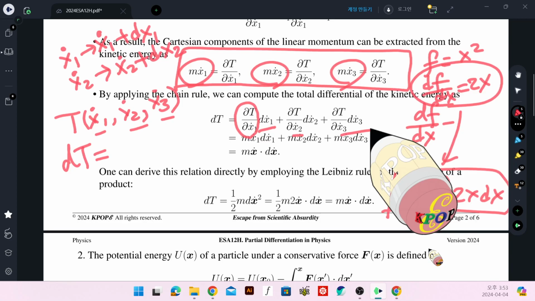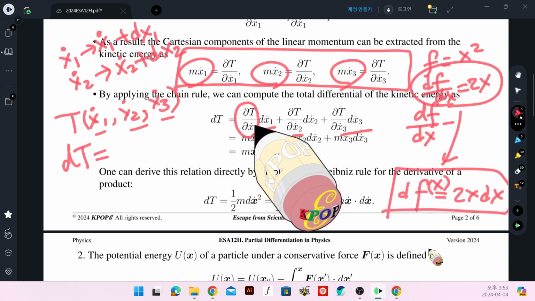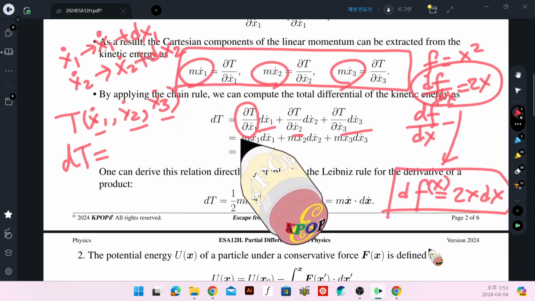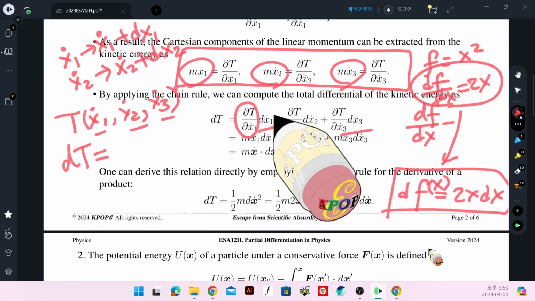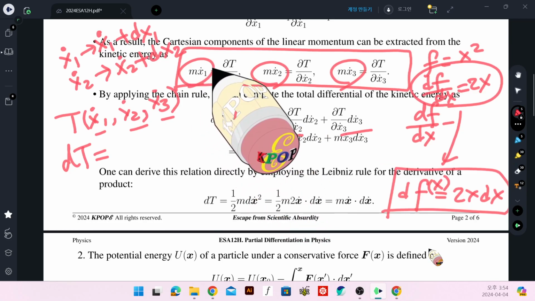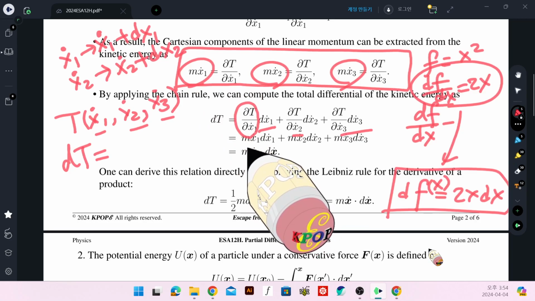We recall that the partial derivative of the kinetic energy with respect to a single Cartesian component of the velocity is the linear momentum. So I can copy this.